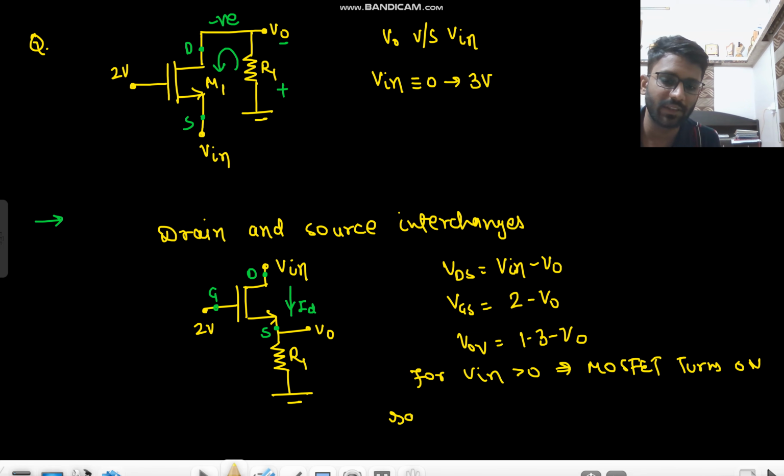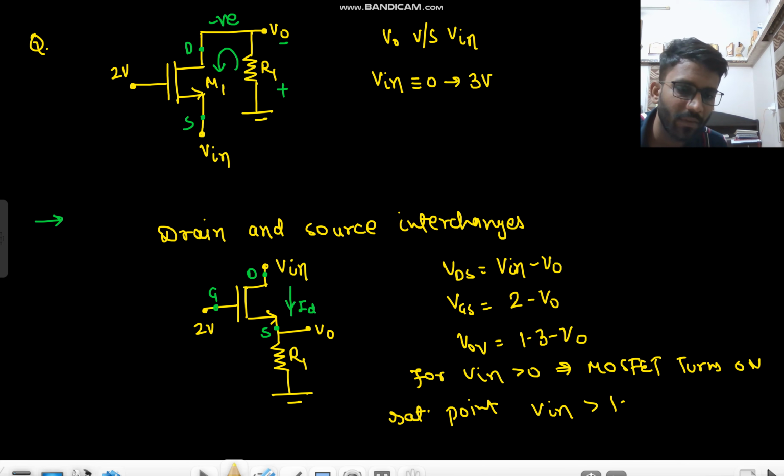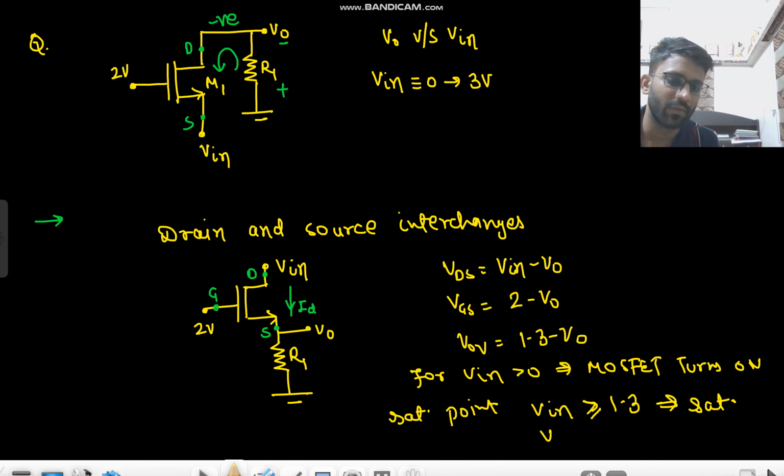And what is the saturation point here? VDS should be greater than V overdrive. For that we have the saturation region, and for Vin less than 1.3 we have the linear region. So for Vin less than 1.3 volt we have linear region.